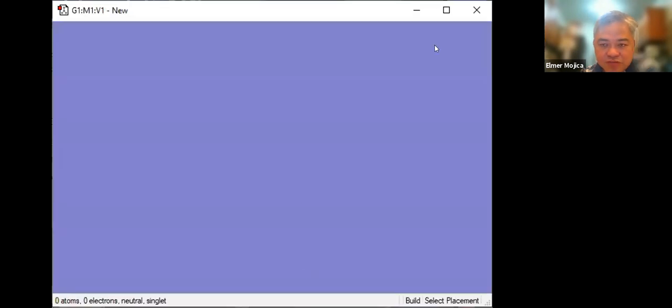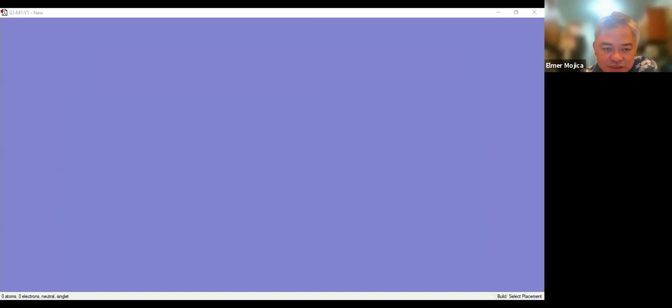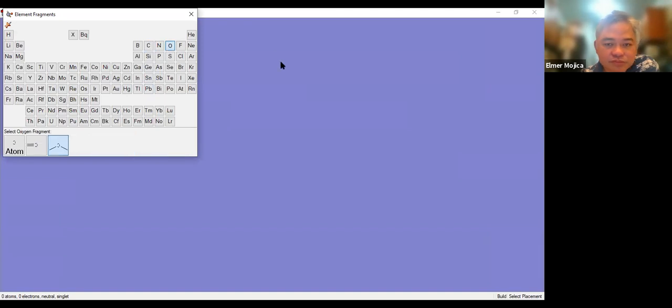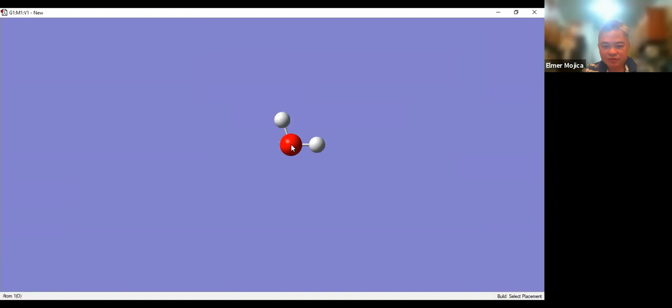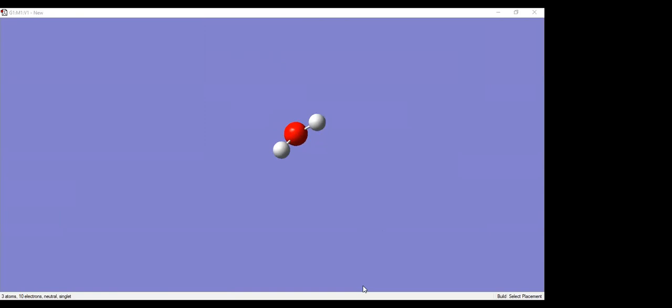So this is what we call the Gaussian software, wherein you're going to put something to it. Let's say if you want water, you can put the water there. Do you see the water molecule? Can you see it? Yes.